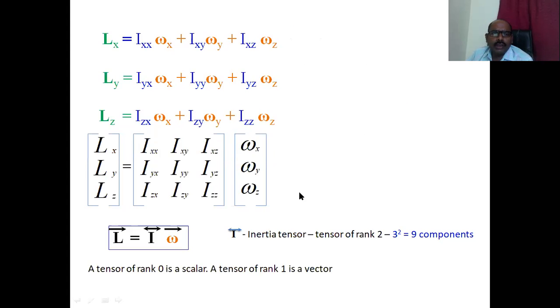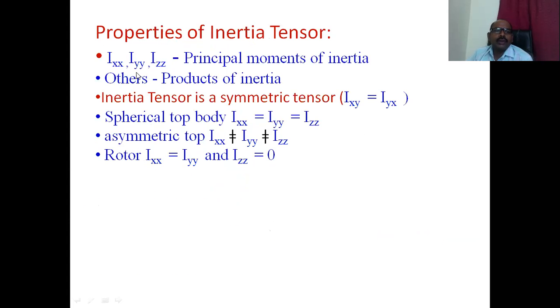Now the properties of inertia tensor. These moments of inertia are called principal moments of inertia, and other moments of inertia are called products of inertia. A tensor is said to be a symmetric tensor when Ixy is equal to Iyx. Whenever this condition holds good, we say that the tensor is a symmetric tensor.